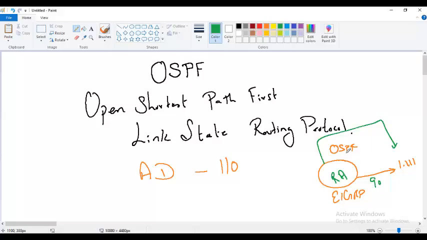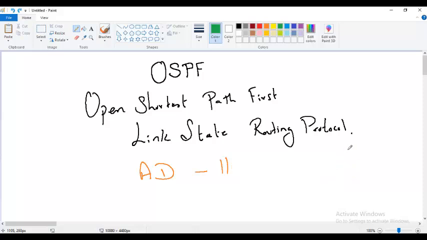These are all really important questions for interview. Why do we need administrative distance? Your answer should be: when we are running more than one routing protocol in a router, if both routing protocols provide a route for a destination, a router cannot use both.